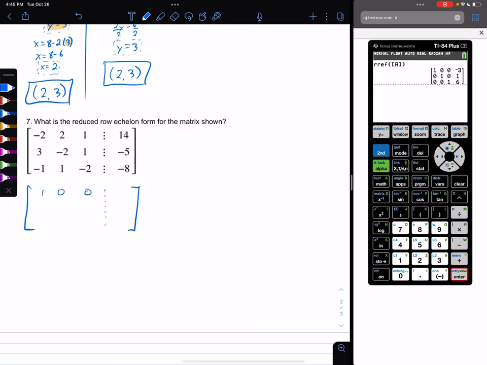So it's always going to be 1, well, not always, but for our purposes, these are the numbers that we get. Get -3, 1, and 6, which means that x equals -3, y equals 1, and z equals 6. They didn't ask us for the x, y, and z values, but it's always good to know what they are. They only want the reduced row echelon form, so we could have stopped with that.